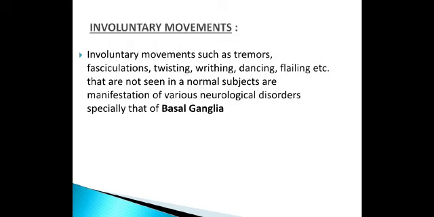Myoclonus is a sudden shock-like contraction of a single muscle or a group of muscles. Tremor is a regular, rhythmical, purposeless, to and fro movement of a part of the body due to contraction of a group of muscles and their antagonists. It usually involves distal parts of the limbs, tongue and rarely the trunk.